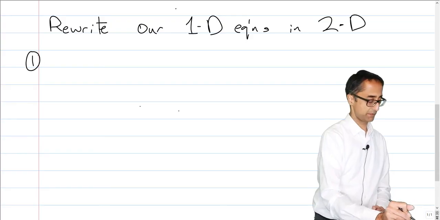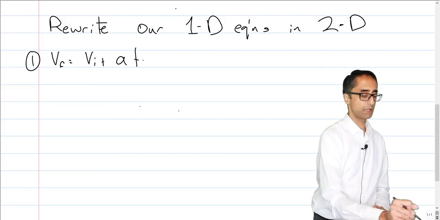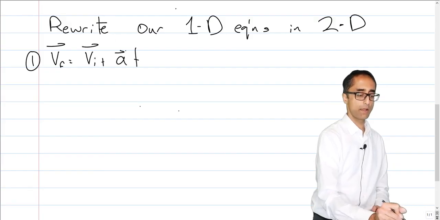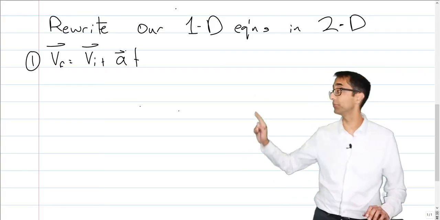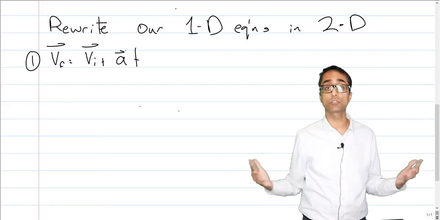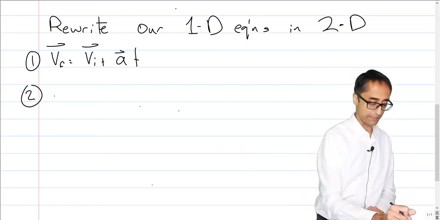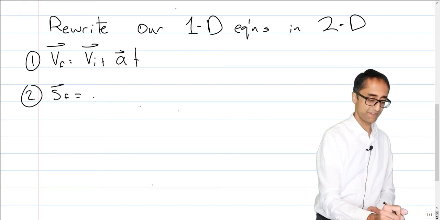And so that means we have Vf equals V initial plus at, not in the x, not in the y, but in general. And so that's why we're using our vector notation there, representing 2-dimensional vectors. And we can rewrite our equation number 2. This time we're not doing it in terms of x, we'll do it in terms of s, a general direction.